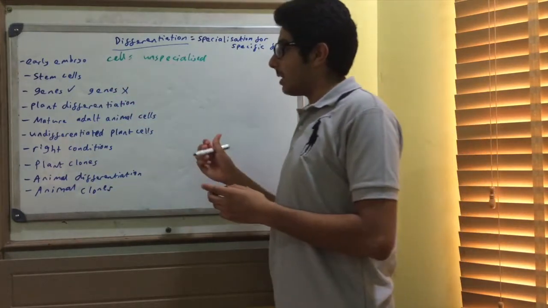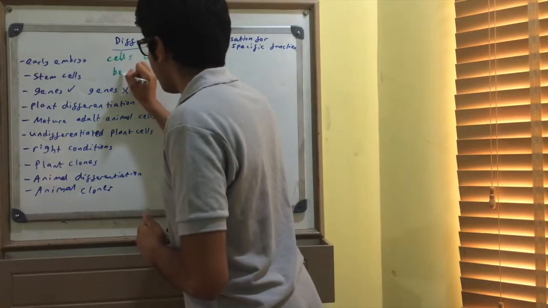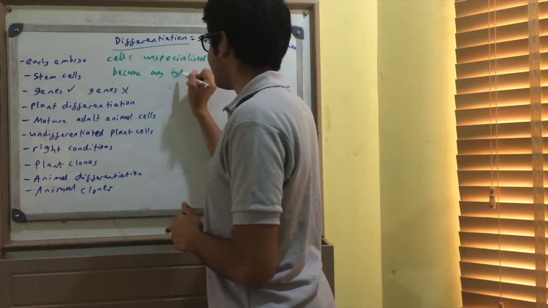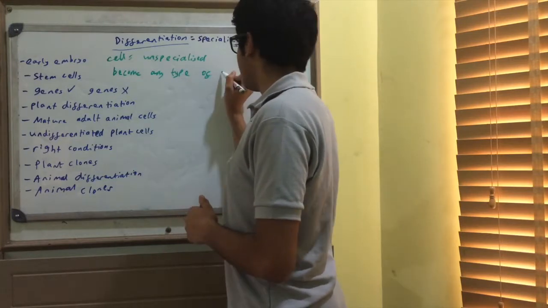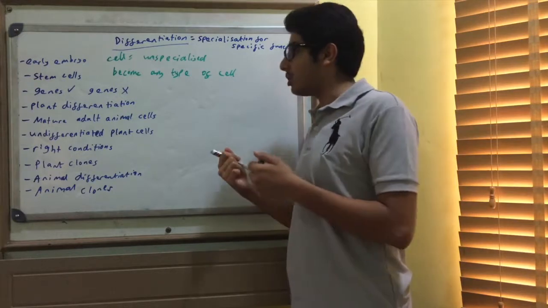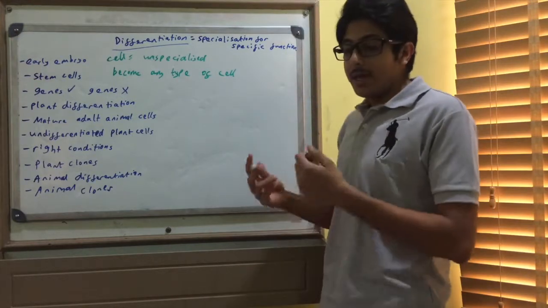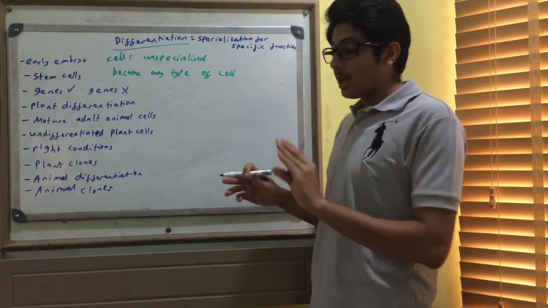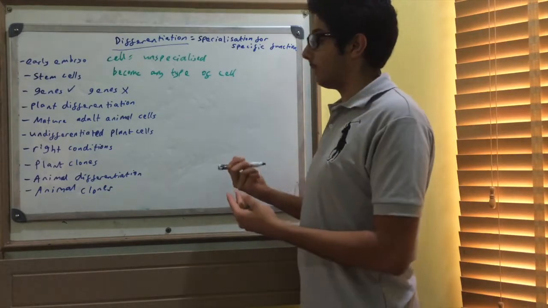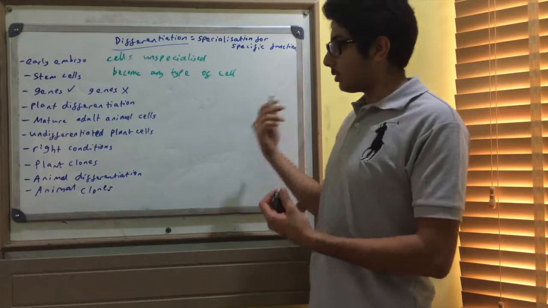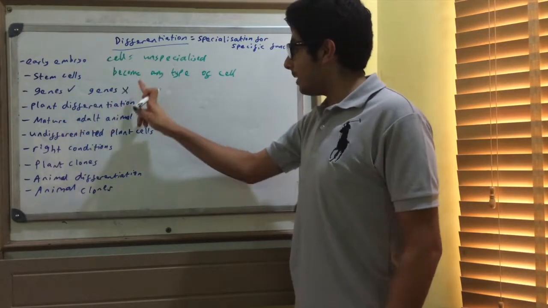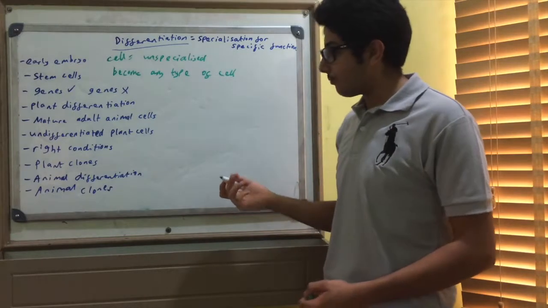And these stem cells can become any type of cell that is needed. And when it does this, we say it specializes. And specialization is when a cell adapts to perform a particular function, a specific function. And for this specialization to occur, some genes will be switched on, and some genes will be switched off.